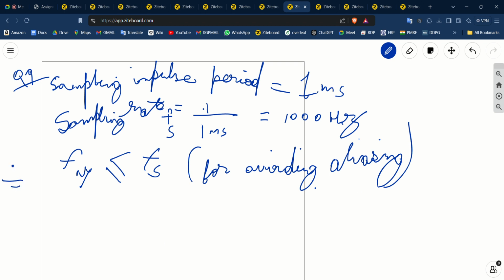So if Nyquist is less than or equal to 1000, this implies 2 into the maximum frequency.